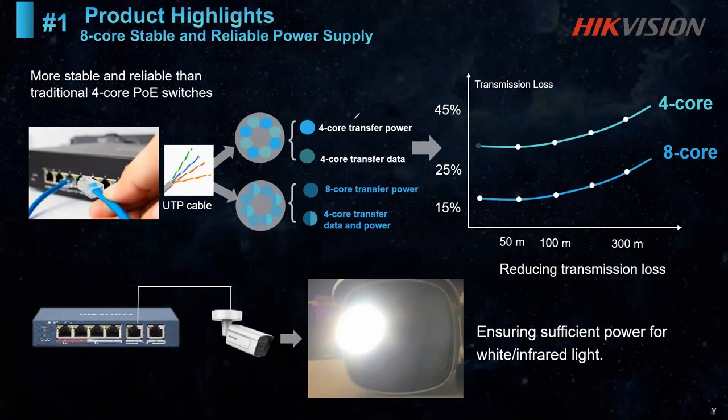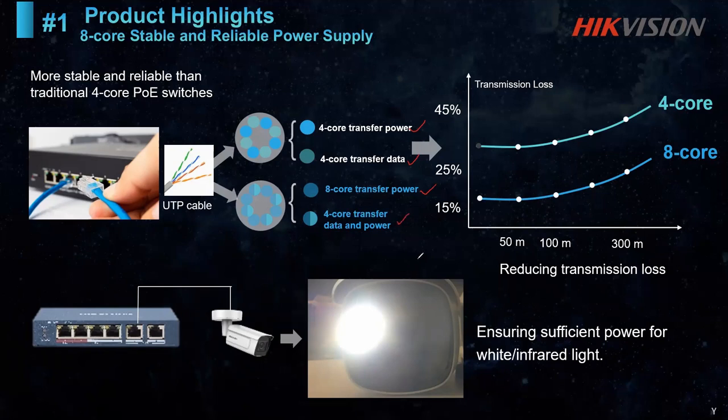Otherwise, we can say 4 cores are used for the power, 4 cores are used for the data. But with Hikvision technology, we are using all 8 cores to transfer power. While all 8 cores are transferring the power, 4 cores out of those 8 will be transferring data and power simultaneously.